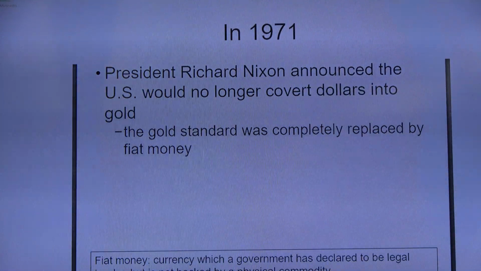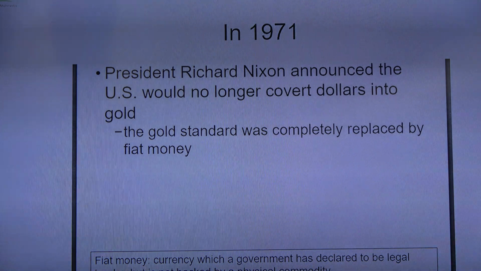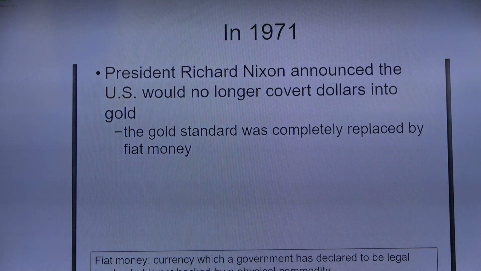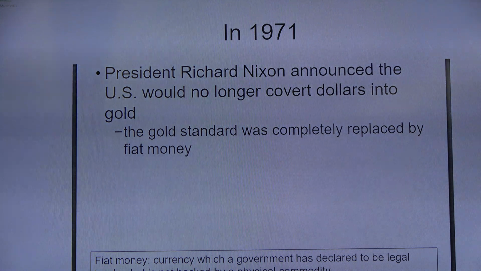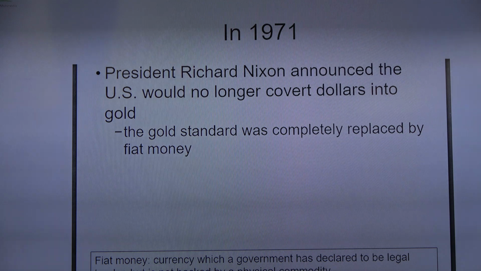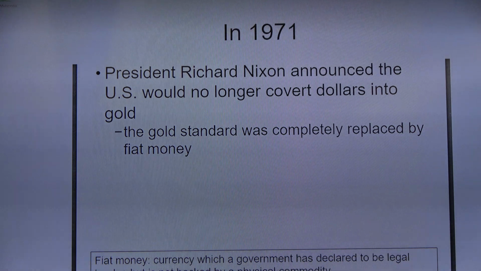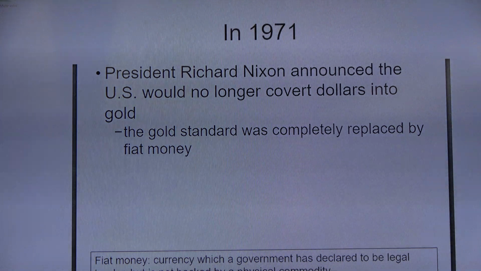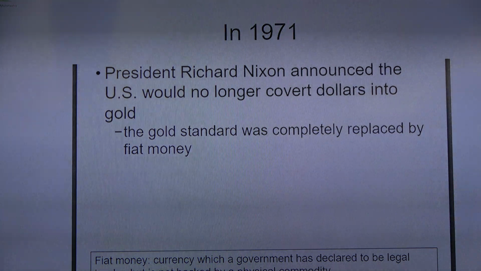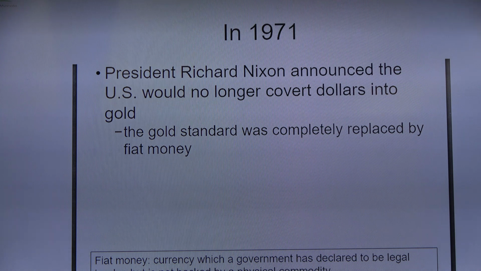So in 1971, President Richard Nixon announced the U.S. would no longer convert dollars into gold. So the gold standard was completely replaced by fiat money. And fiat money is currency which a government has declared to be legal tender. That's all that means. But it's not backed by a physical commodity.